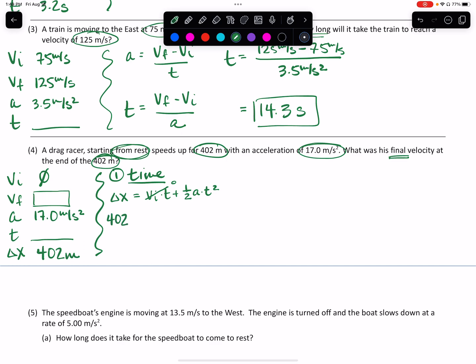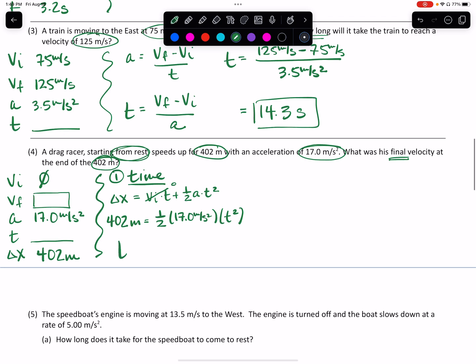So I end up with 402 meters equal to 1/2 of 17 meters per second squared times my unknown t squared. I'm going to multiply 17 by 1/2, then divide that to the other side, and then take the square root of both sides. Once I do that, I find that the time was 6.9 seconds for this drag racer to accelerate.